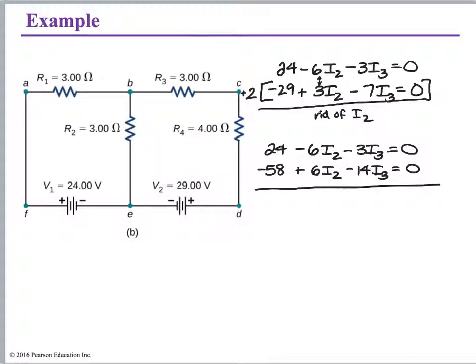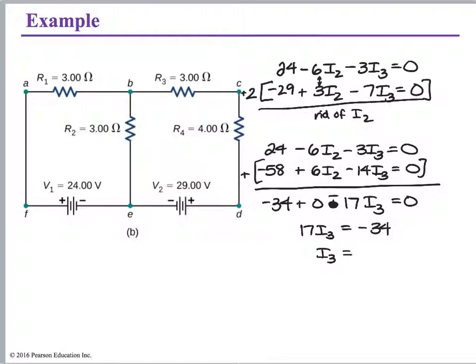And then I'm going to take this equation and add it to the one above it, and I'll get minus 34 plus 0 plus 17I3 equals 0. And so this allows me to solve for I3. 17I3, sorry, this was supposed to be a negative sign. 17I3 was equal to minus 34, so I3 is equal to minus 2.